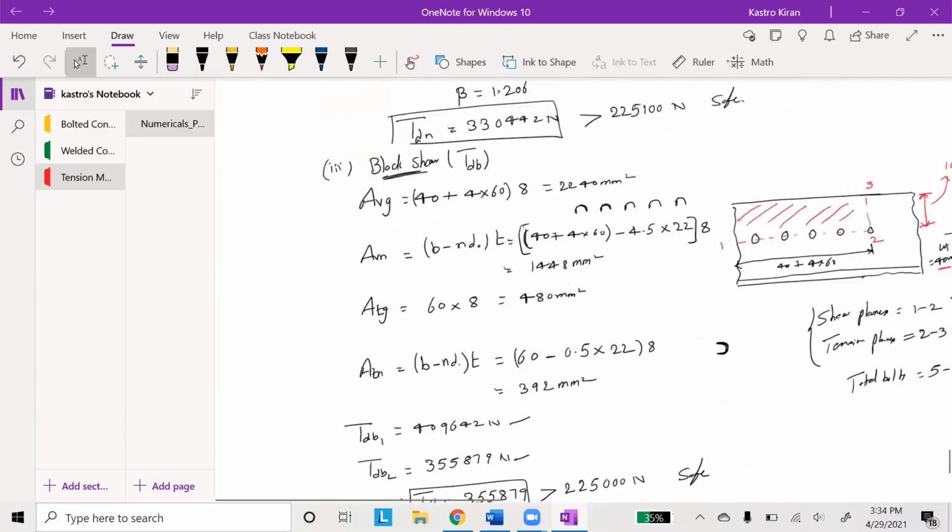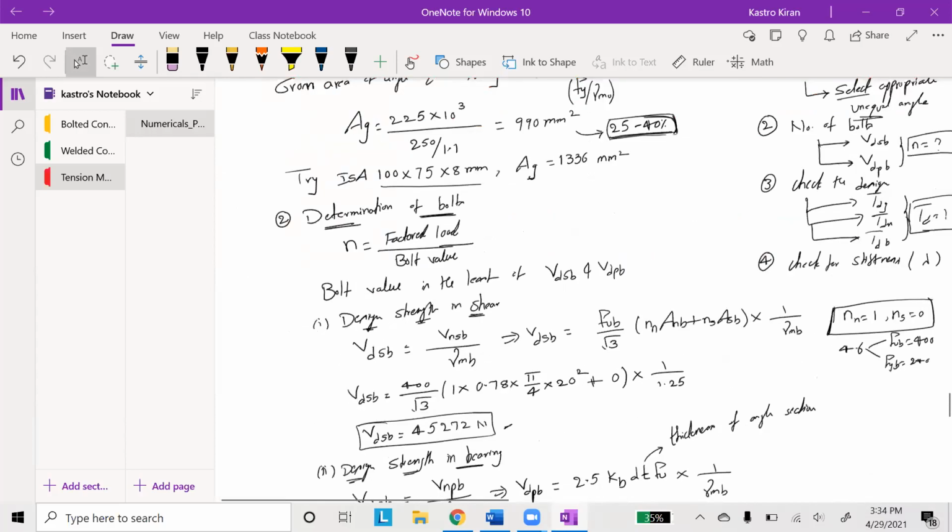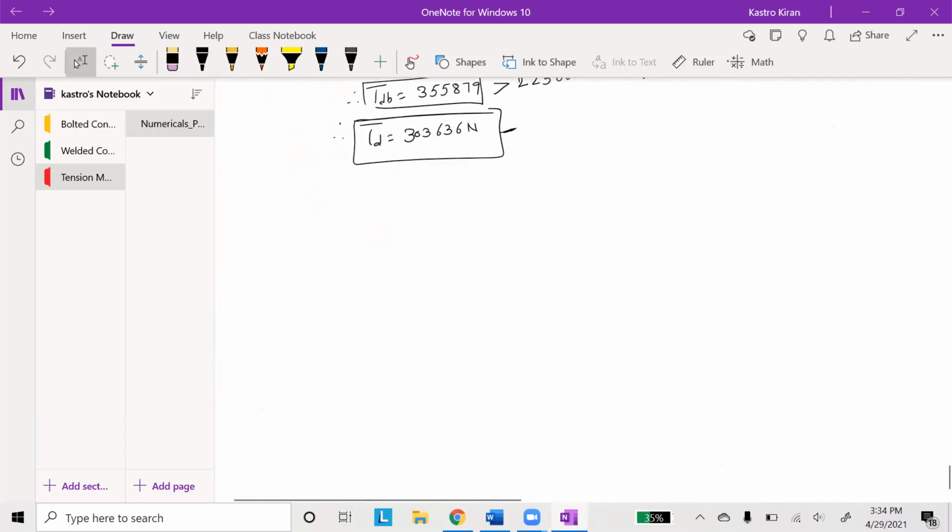And the last step, which is the fourth one, if I'm not wrong. Yeah, fourth one. So the fourth step is check for stiffness. You know the formula, that is lambda, which is slenderness ratio, equals L by R, or it is taken as L by R minimum.